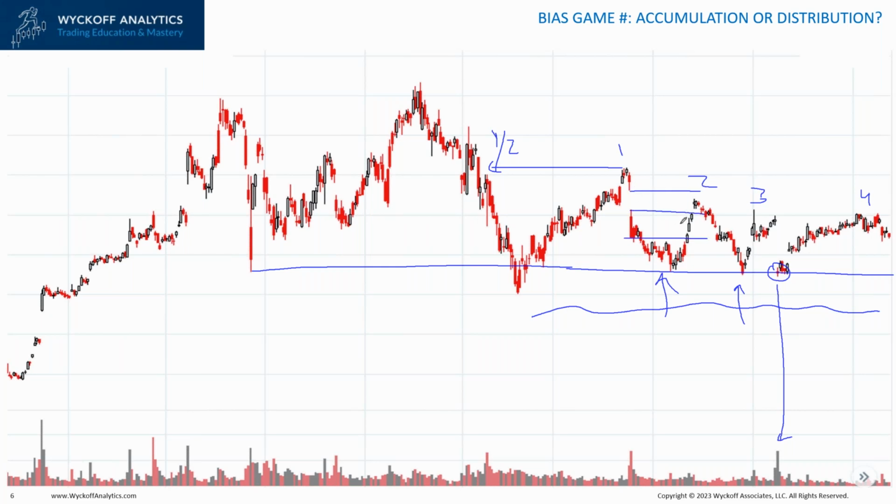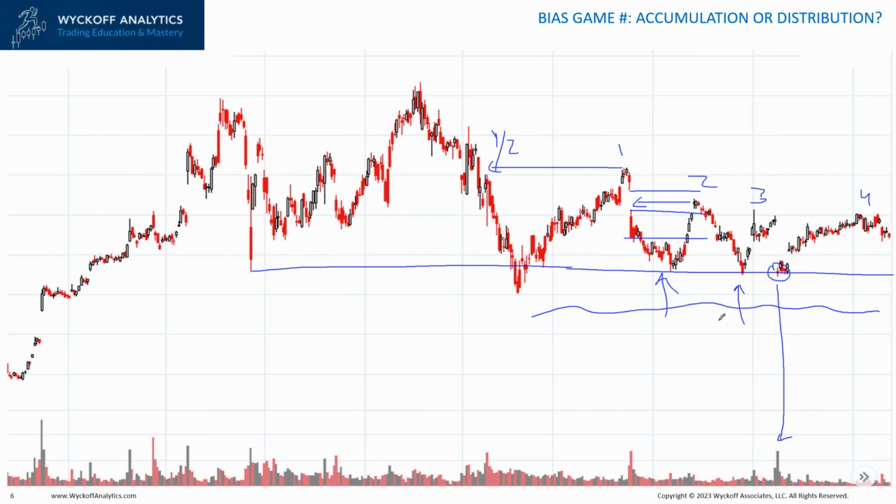Subsequently, into the upper part. And then as selling starts to diminish, you can see the changing of the guard here.